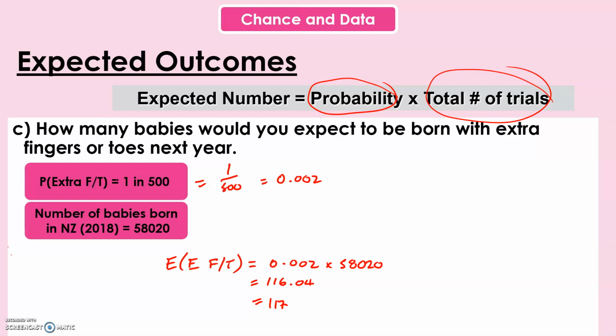outcome, we tend to try and round up or overestimate, so that if in reality we're more likely to then end up with an answer that's less than that, and then everybody's happy. Nobody's then complained we haven't got enough babies or we didn't predict enough babies with fingers or toes. If we go the other way, there's a chance that we underestimate that, and that could be a problem.